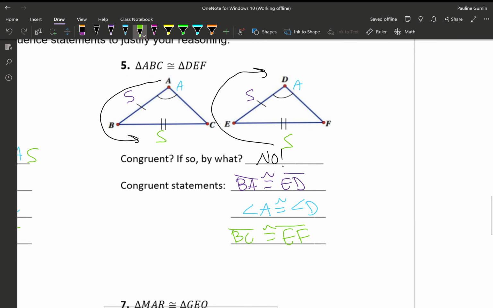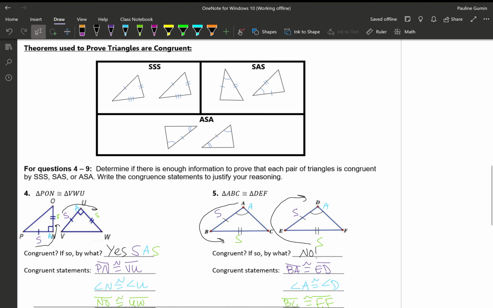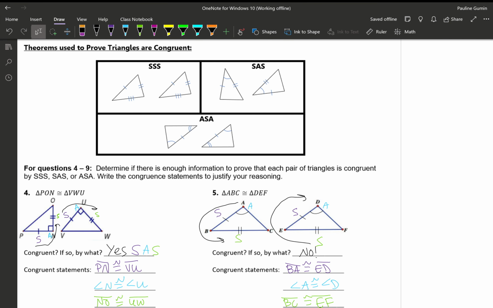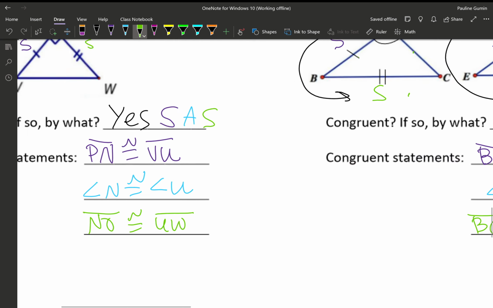Now, unfortunately, even though they have 3 things that are congruent, they are not congruent in the particular order that they need to be, which would be SSS, SAS, or ASA. It is tempting for this one to say that it is SAS, but if we had SAS, the side, the angle, and the side would all be connected to each other. That's why it doesn't work for number 5.